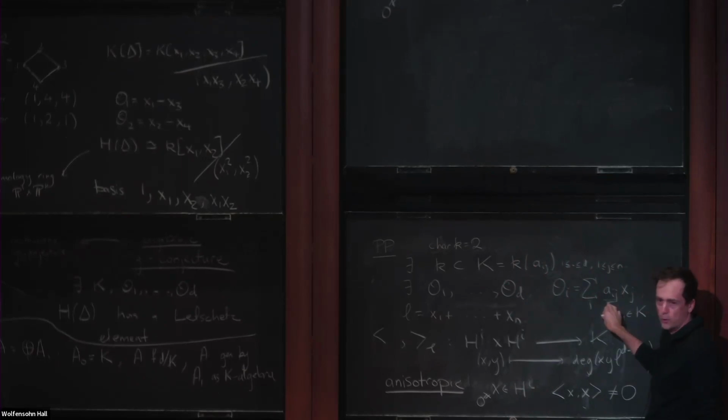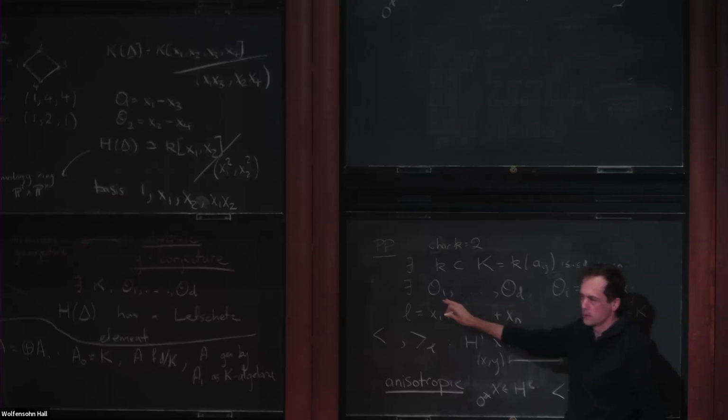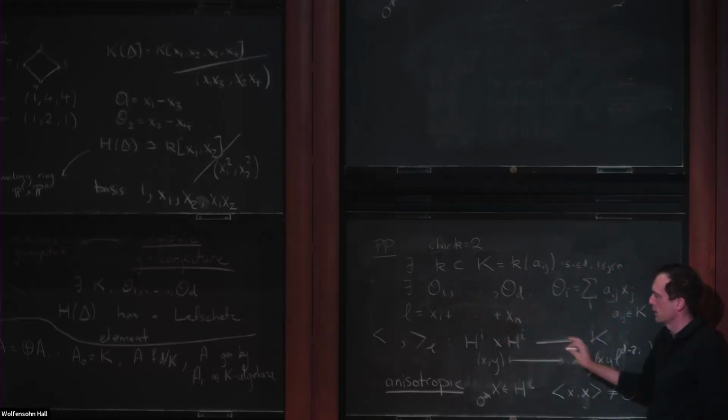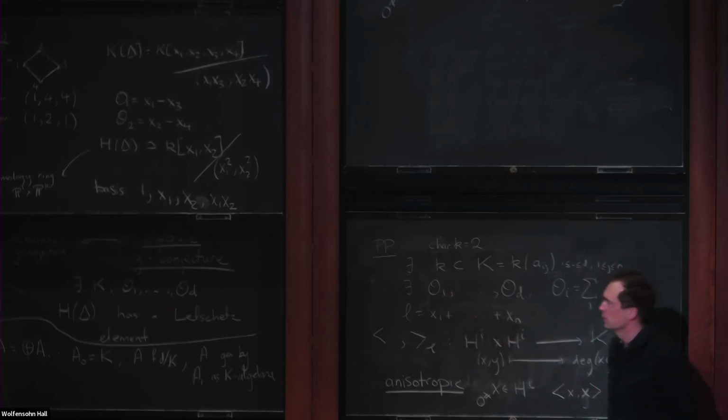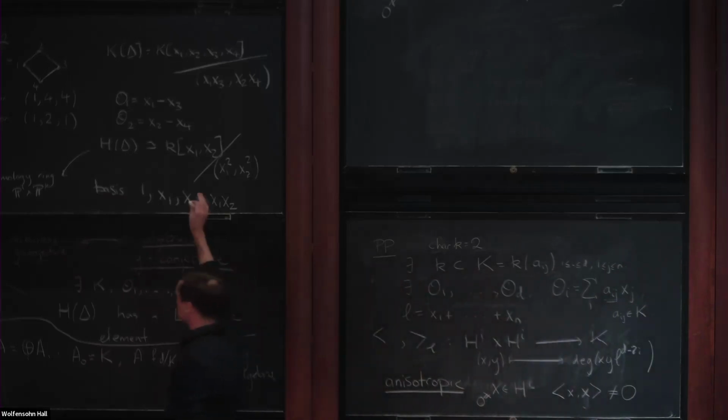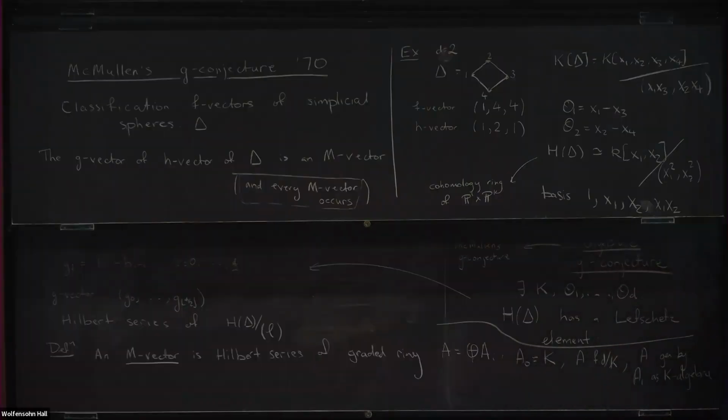Now this is a well-defined element in that field, and you can check that this is a linear system of parameters. Under this condition, it's true, and the proof is by the a_ij not satisfying any algebraic relation.